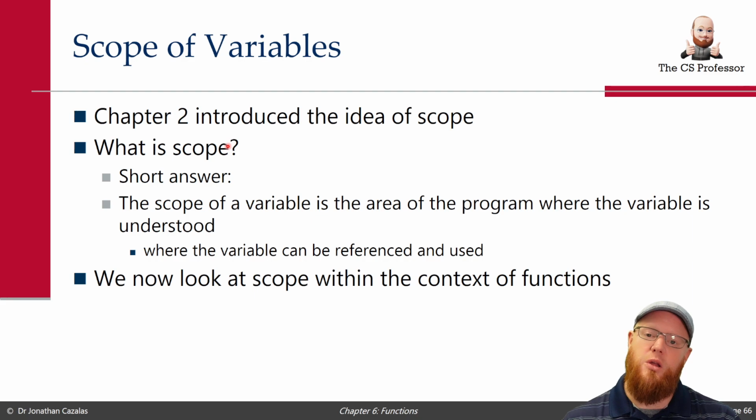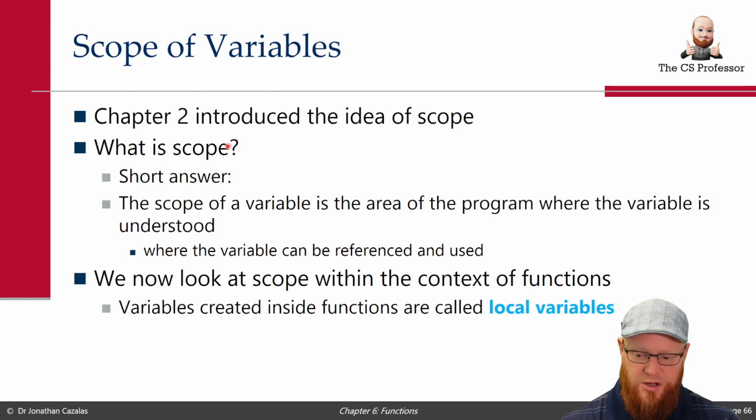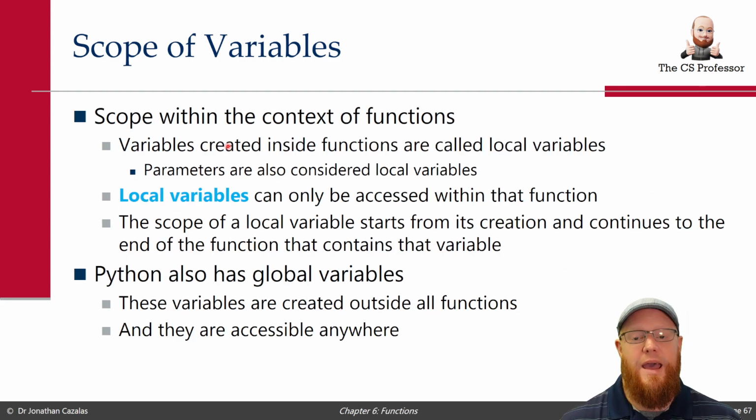That is the overall idea of scope. But now we're going to look at scope within the context of functions. Variables that are created inside functions are called local variables, and even parameters are considered local variables. When you send an actual parameter over to a function, that actual parameter gets saved where? Into the formal parameters that we've called placeholders.